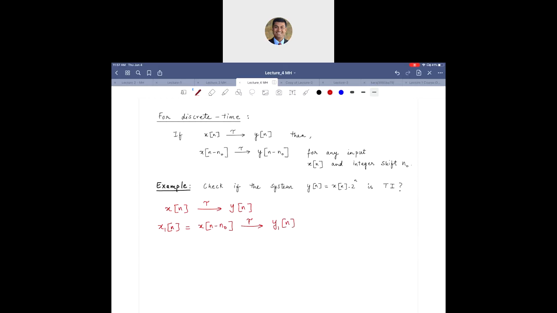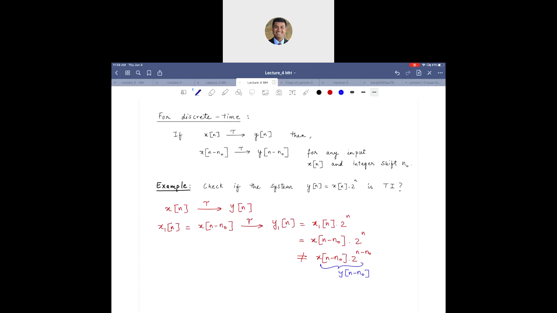y1 of n is x1 of n multiplied by 2 raised to n, which is the same as x of n minus n0 multiplied by 2 raised to n. Now, this is not equal to x of n minus n0 multiplied by 2 raised to n minus n0, which is y of n minus n0.